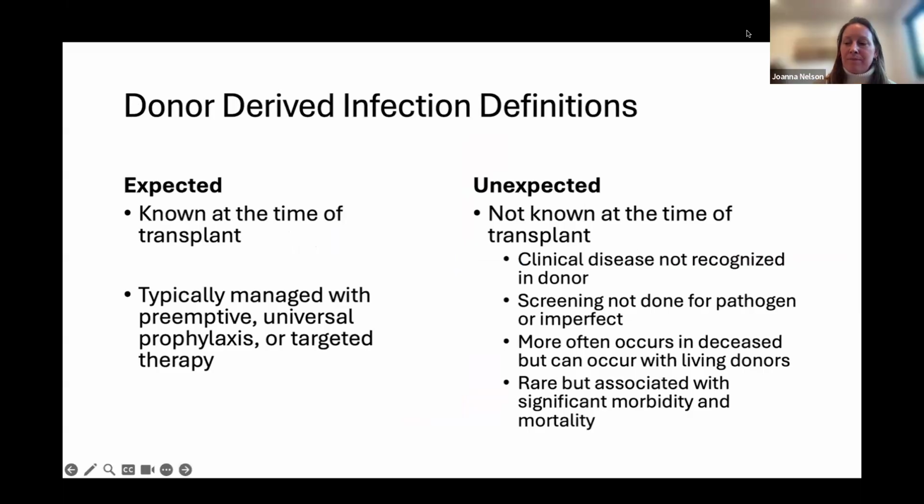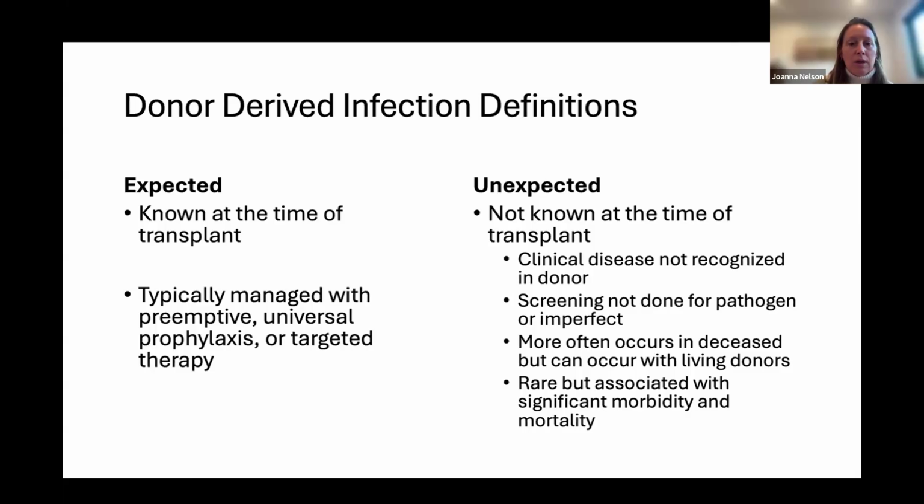Thanks so much, Brennan. To start, I wanted to get us all on the same page by going through some definitions. So, donor-derived infection itself can be defined as any infection transmitted from the donor to the recipient during the transplant. And we can really divide these into two large buckets. The first is expected donor-derived infections, and these are any infections that we might know about at the time of transplant.